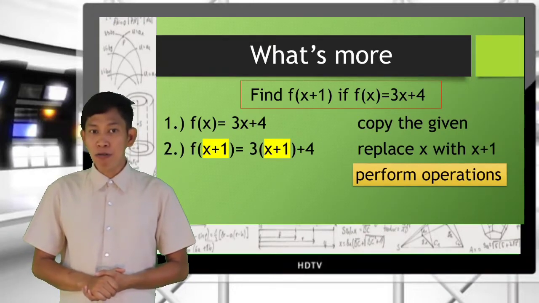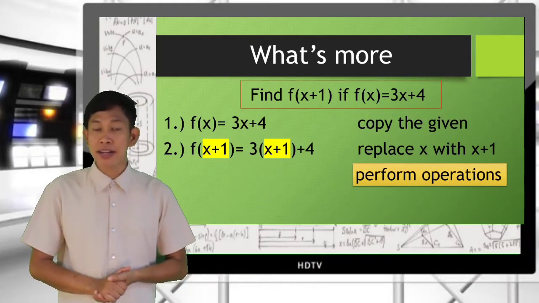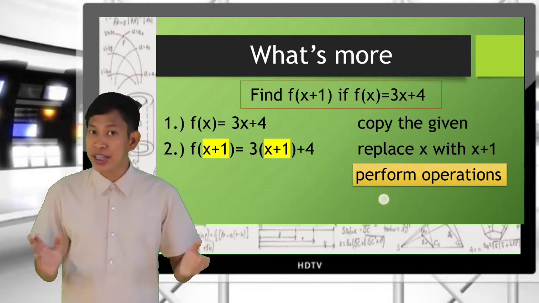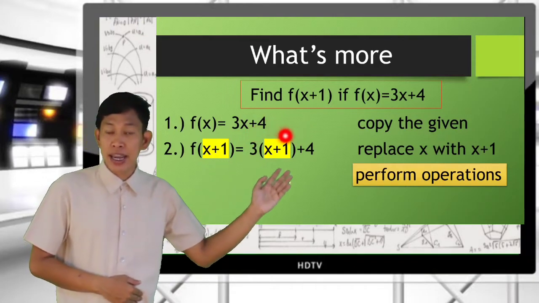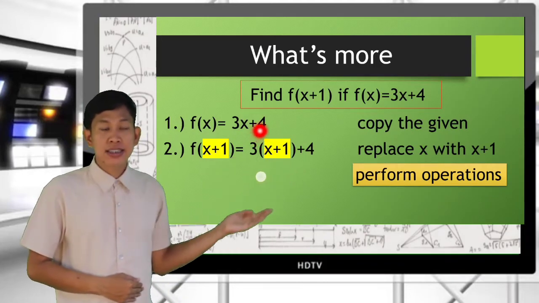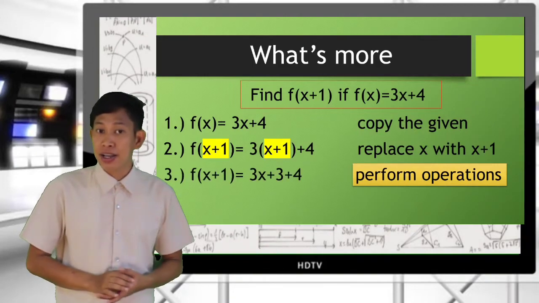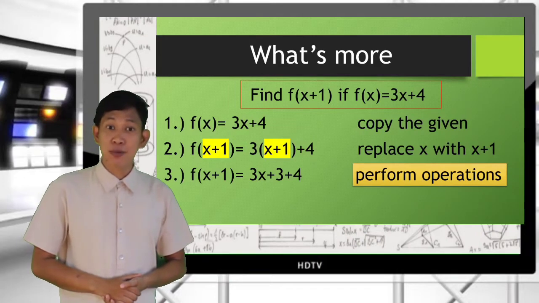So we have now, since 3 is multiplied to x plus 1, then we use the distributive property of multiplication, meaning you distribute 3 in multiplying to x and 1. So we have 3 times x is 3x and 3 times positive 1 is positive 3. So we have now 3x plus 3 and copy plus 4.